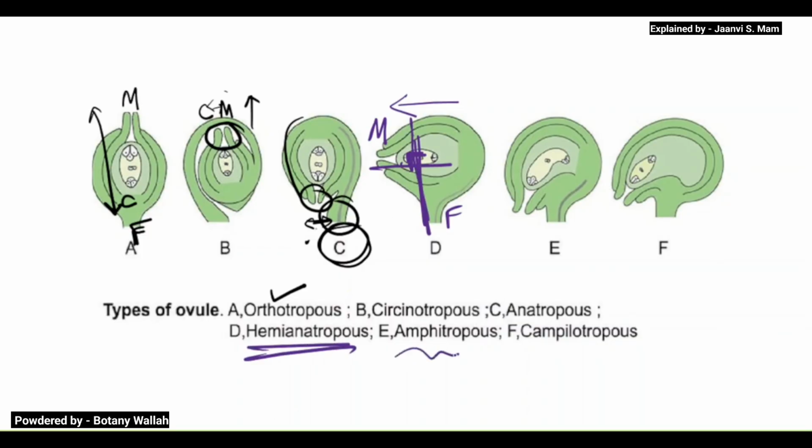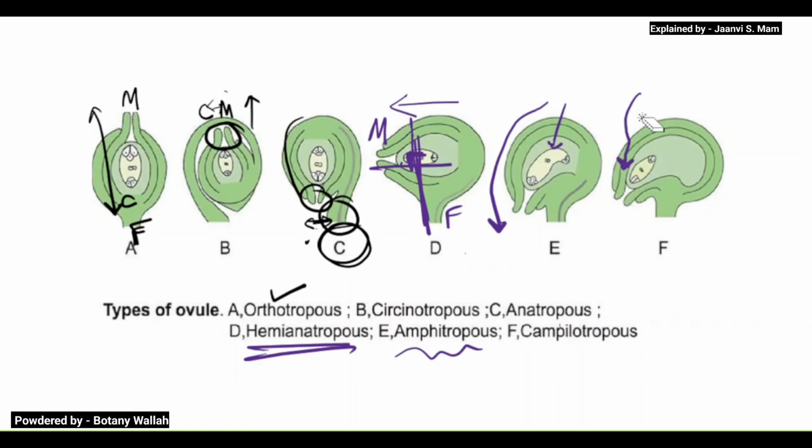Then you have amphitropous, which is a curved structure. Even the embryo sac is curved. In campylotropous, again there is curvedness. So these are the types.